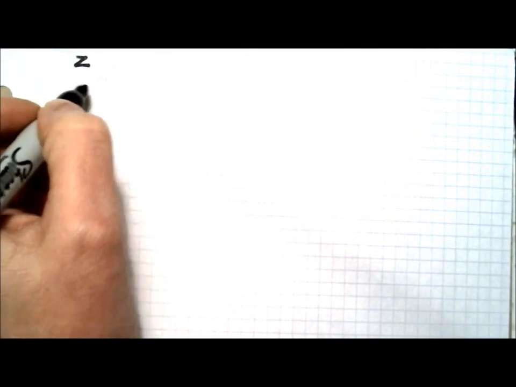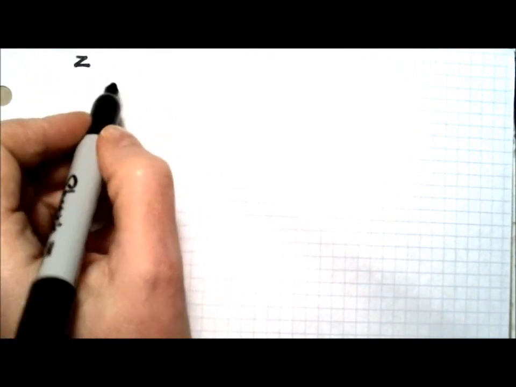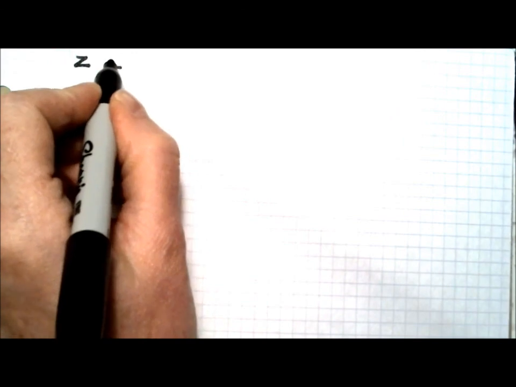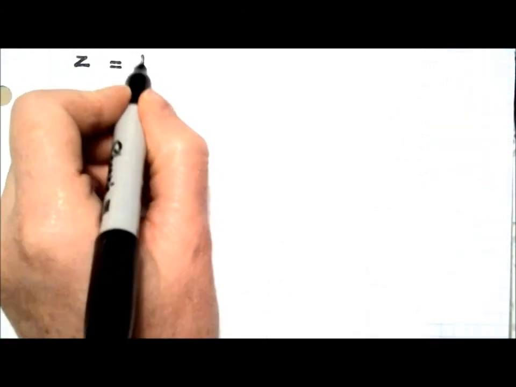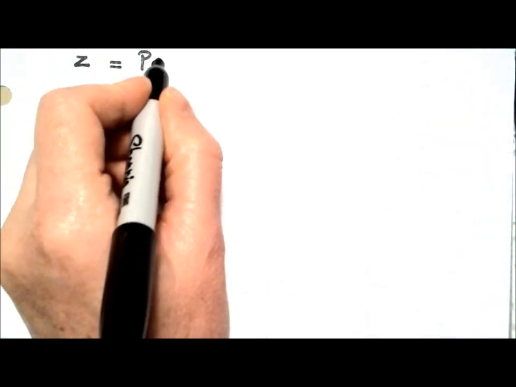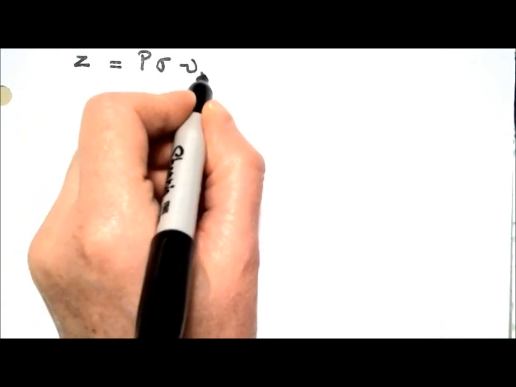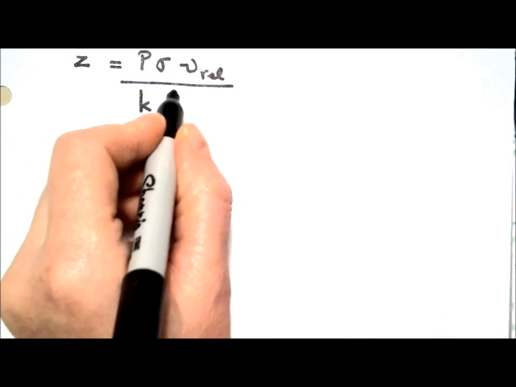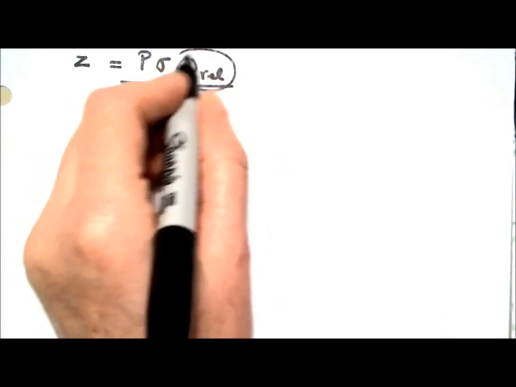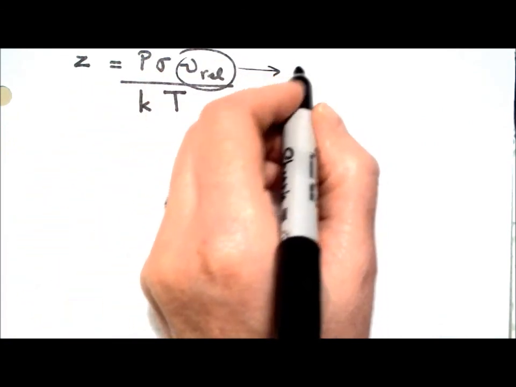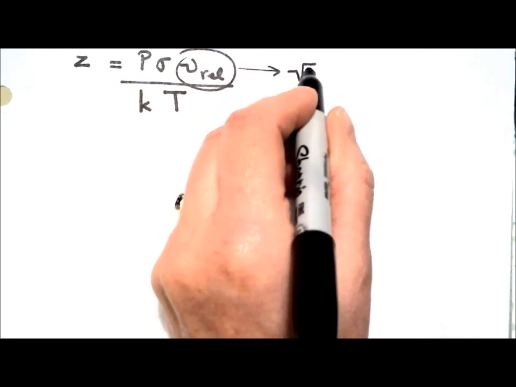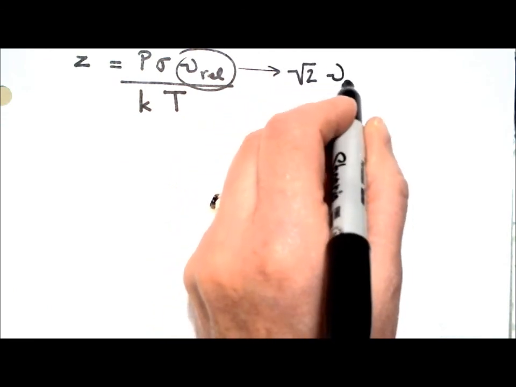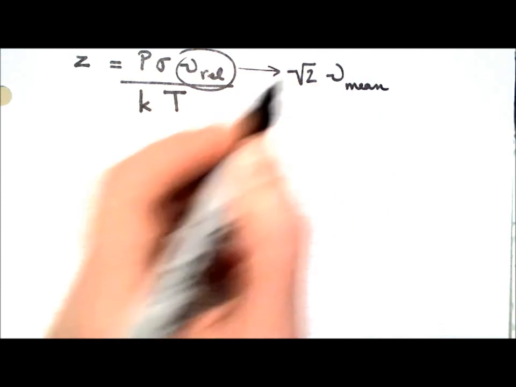Right, so we said the units for the collision frequency should be seconds to the minus 1. Let's just verify that. So the formula is P sigma relative mean speed all over Boltzmann k times the temperature, where the mean relative speed for pure gas is simply equal to root 2 multiplied by the mean speed.